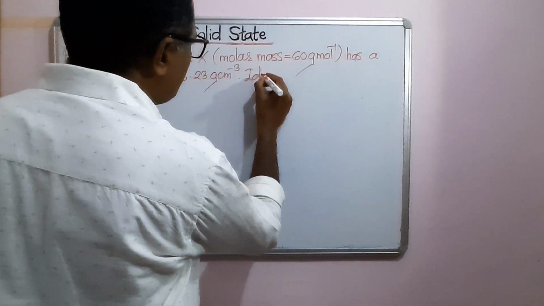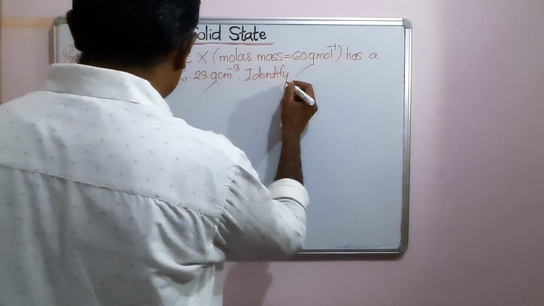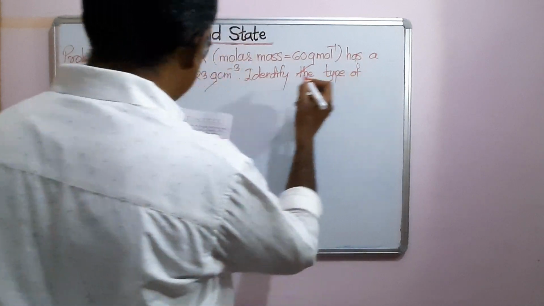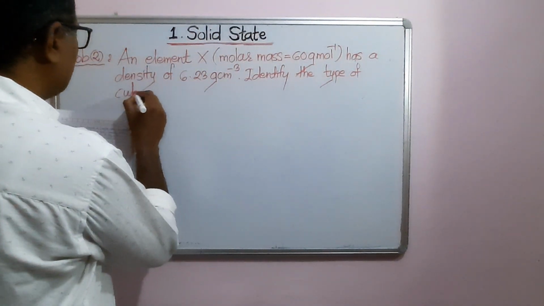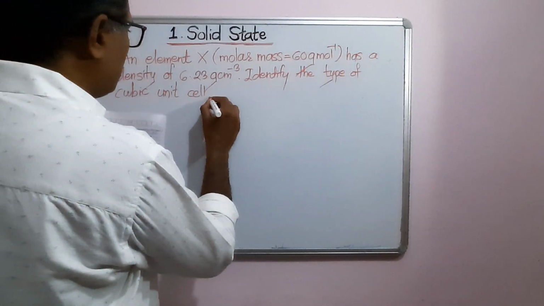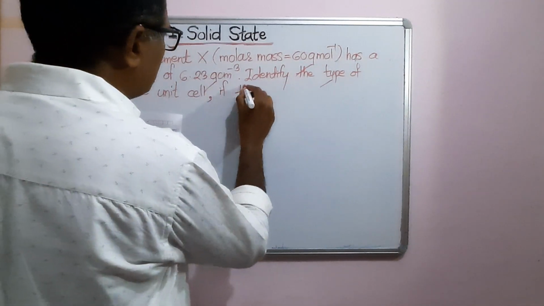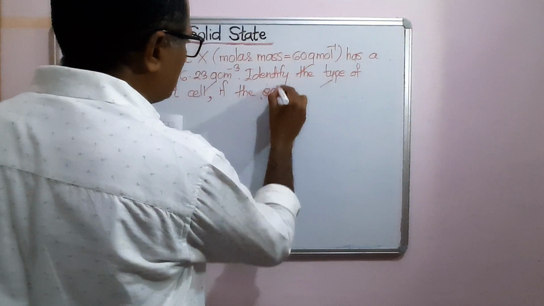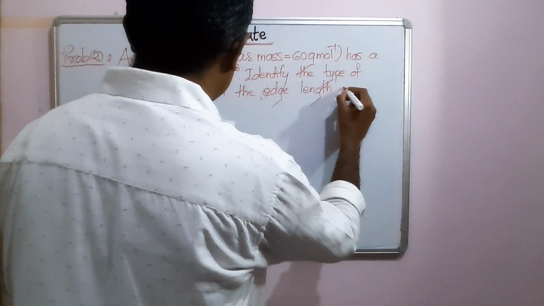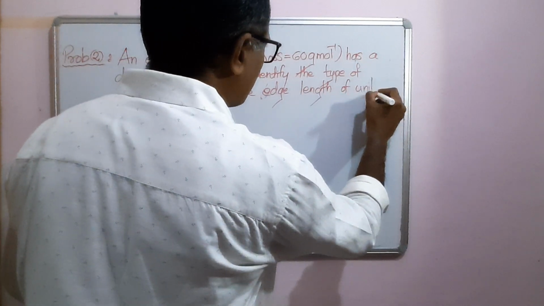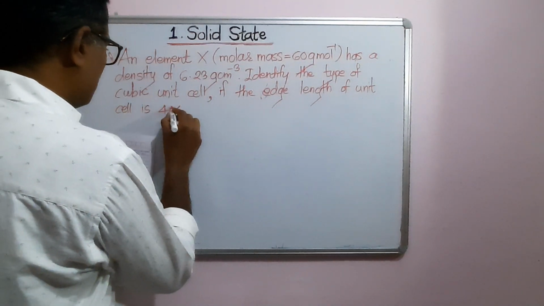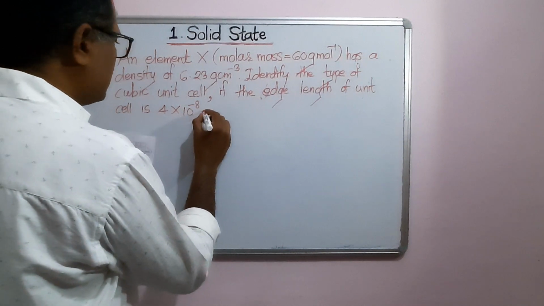Now what they ask: identify the type of cubic unit cell if the edge length of the unit cell is 4 into 10 to the power minus 8 centimeter.